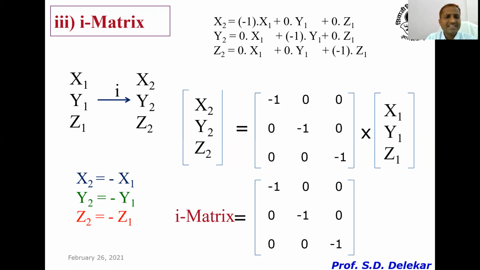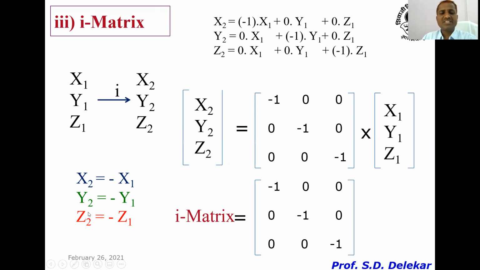Let us see x1, y1, z1. These are the Cartesian coordinates before operation. When you operate I on a molecule, we are getting x2, y2, z2. These are the Cartesian coordinates after operation. Then we know that if you operate I, the whole molecule is inverted. It means the relation between x2, y2, z2 and x1, y1, z1 is x2 is equal to minus x1, y2 is equal to minus y1, z2 is equal to minus z1.